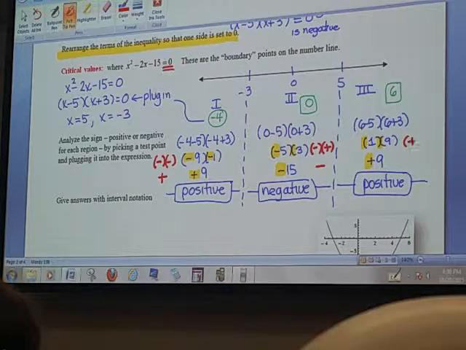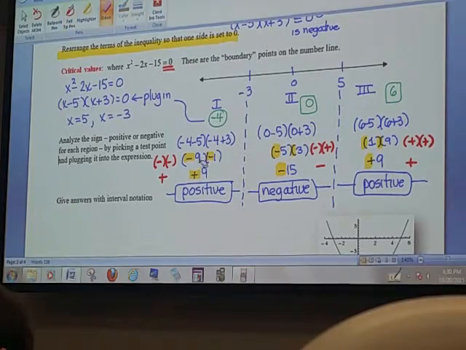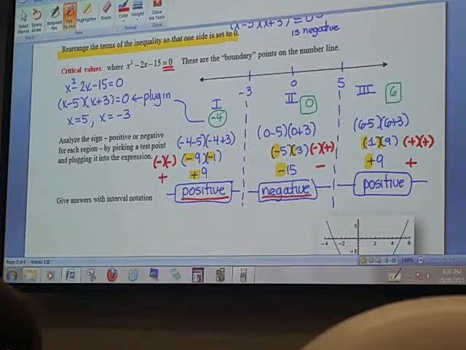And this one is a positive times a positive, which gives me a positive. So you don't even need the actual number. I don't even have to figure out what that is. I know it's negative, and a negative times a negative gives me a positive. And that's what I'm interested in. This ultimate answer here. So that tells me where this polynomial is positive or negative over its entire domain.